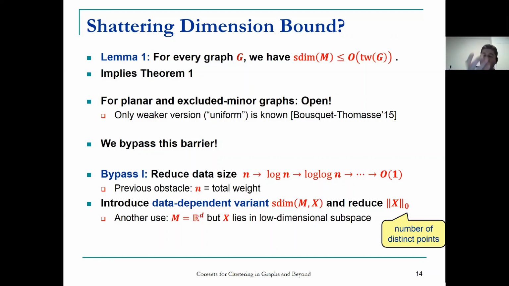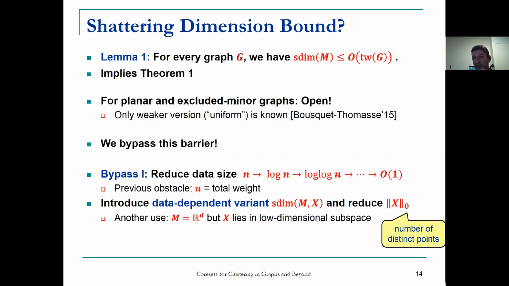I discussed it in one of the earlier slides. You can go from n to log n. Then why not do it again? You go to log n, then again and again, then you get to order 1. Of course, I omitted here the parameter k. You're actually going to k log n, then to k log of that, etc. But eventually you're supposed to get to order k, not order 1, or something similar.